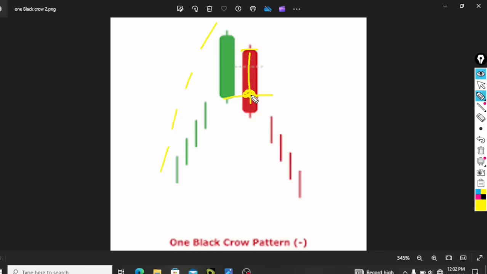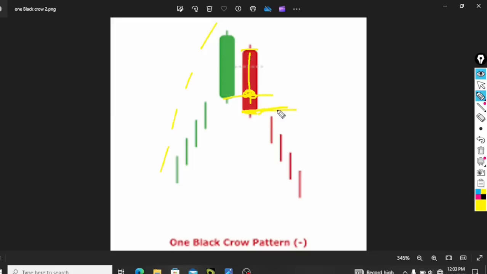Then if you're an aggressive player, you simply place your trade, or if you're a conservative player, you wait until it closes here, this place. Once the second candle closes here, immediately place your sell trade, and then you'll be able to make your gain instantly. You see? So that is what you are expected to do.